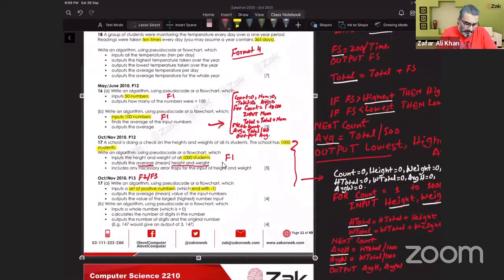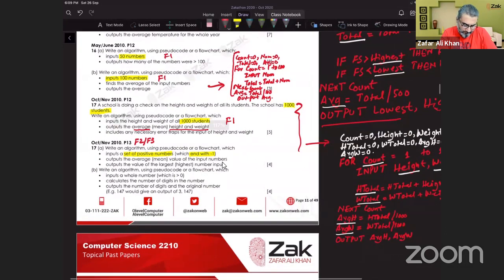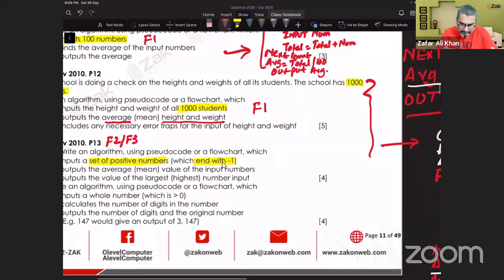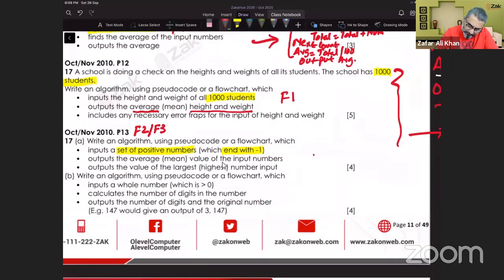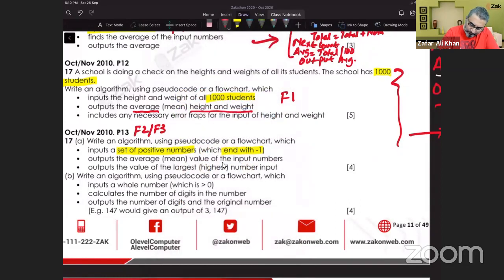Now. Write an algorithm using pseudocode or flowchart which inputs a set of positive numbers which end with -1. So input positive number, while this positive number is not equal to -1.